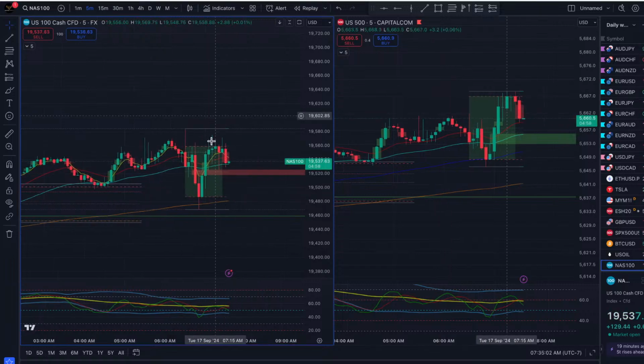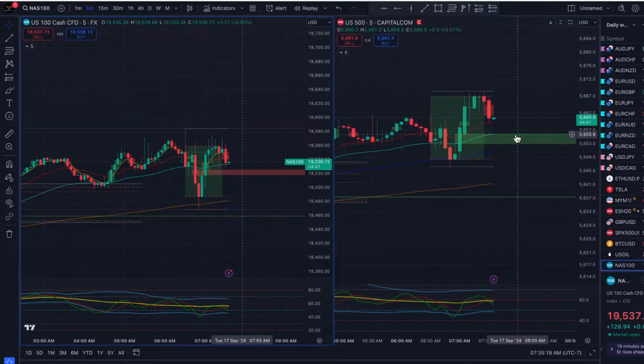So since we've already had a retracement back to the EMAs and close to the New York opening gap, when we finally do get confirmation, it might move quick. Same thing with US 500.